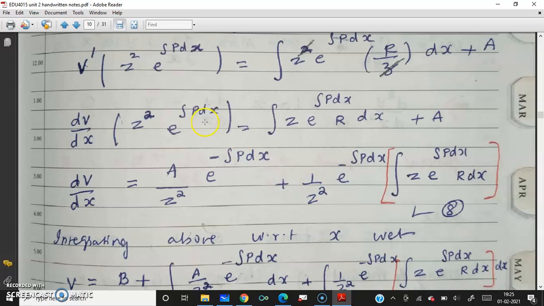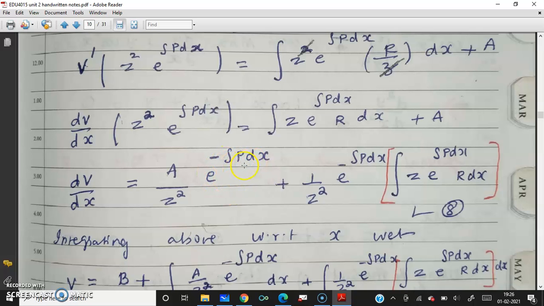And you know that if you take 1 by e to the power integral p dx to the other side, it becomes e to the power minus integral p dx.